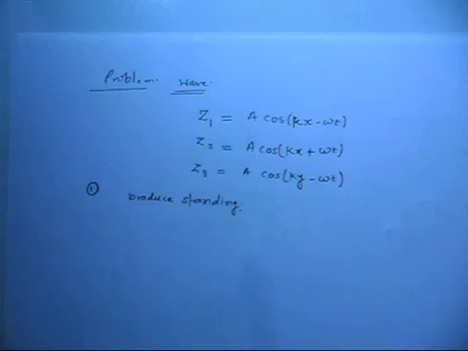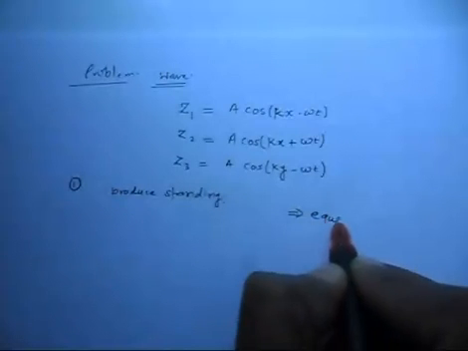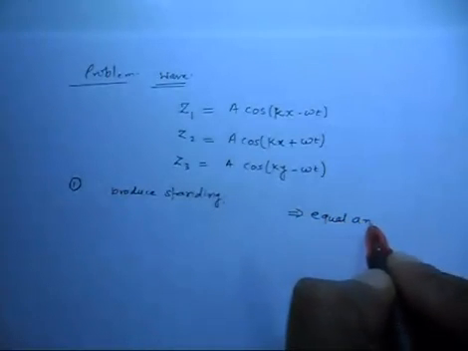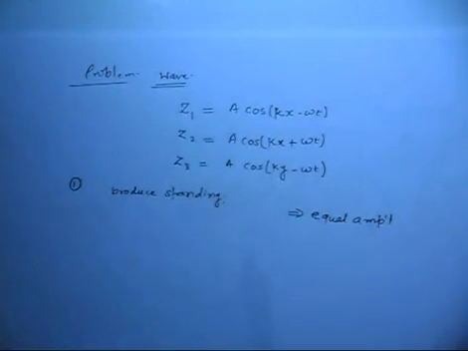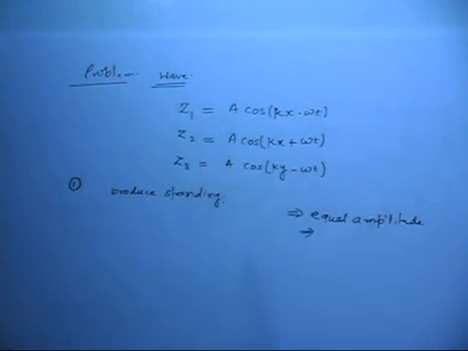A standing wave will be produced only if the two waves have equal amplitudes. So the amplitude should be equal. Then what is the other point?